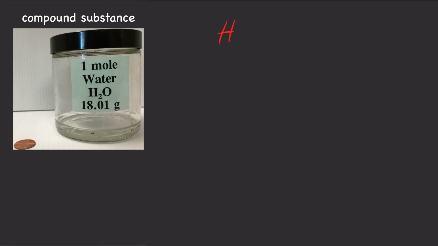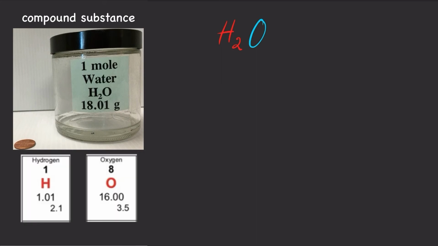Here's a mole of water, or H2O. Notice it contains 2 elements, hydrogen and oxygen. So to find the molar mass of H2O, first we will need to find the mass in grams for 1 mole of each element making up this compound. The mass in grams for 1 mole of hydrogen atoms is 1.01, but the chemical formula indicates there are 2 hydrogen atoms, so we will multiply the mass of 1 mole of hydrogen atoms by 2.